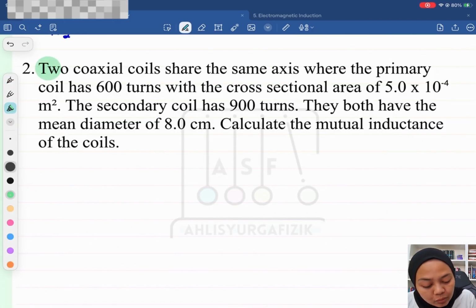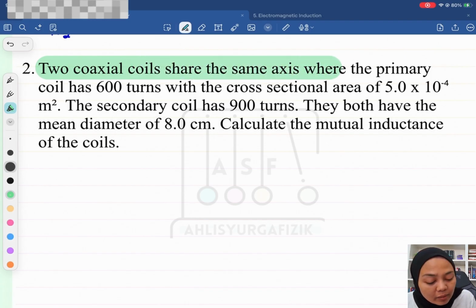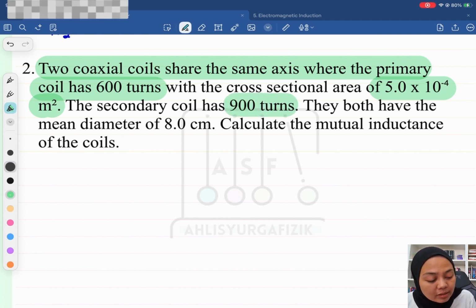Question 2. Two coaxial coils share the same axis where the primary coil has 600 turns with a cross-sectional area of 5 times 10 to the power of negative 4 meters squared. The secondary coil has 900 turns. They both have the mean diameter of 8 centimeters. Calculate the mutual inductance.